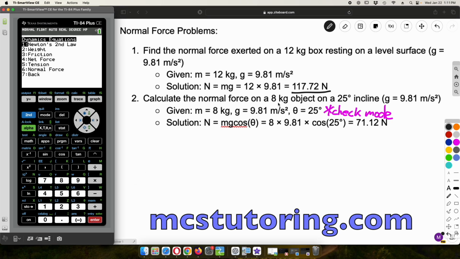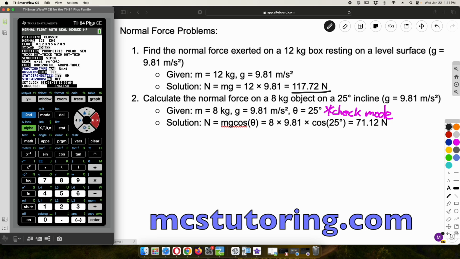Now for this second one, it says calculate the normal force on an 8 kilogram object on a 25-degree incline. So look, one thing I want to mention to you here, I'm going to quit the program. Actually, I can't. I have to go back and quit that way. You do want to go to mode because if you're taking, say, trig or calculus right now, your calculator is probably in radian mode. So look here on the third option down.